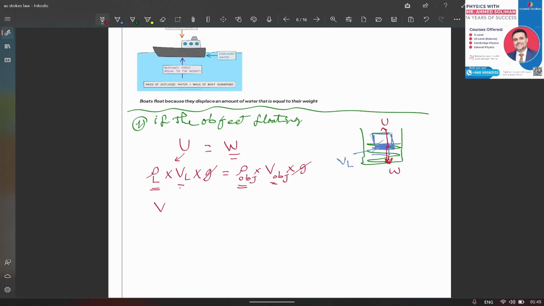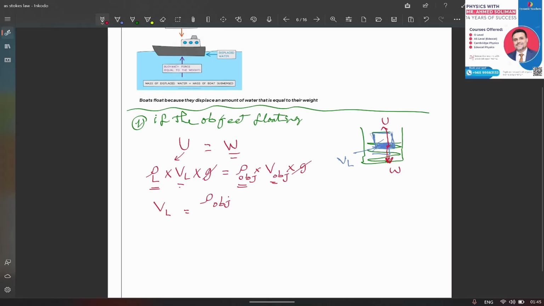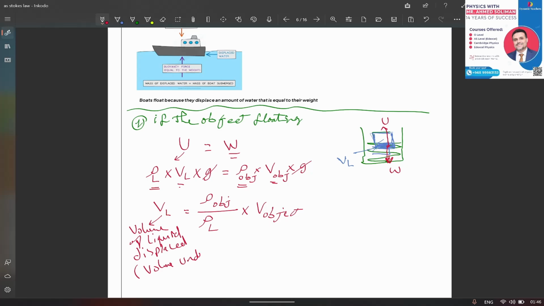So the volume of liquid can equal the density of the object over the density of the liquid multiplied by the volume of the object. Okay, so now the volume of liquid displaced, which is the volume under the liquid surface.